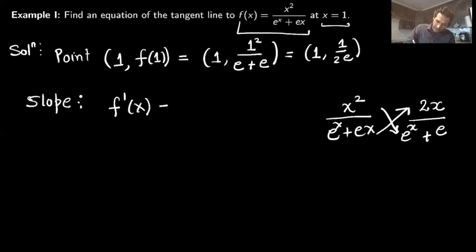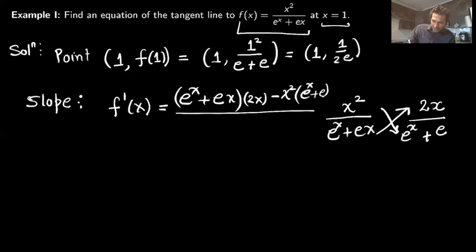So the derivative is the low function, e to the power x plus ex, multiplied by the derivative of the high function, 2x, minus the high function, x squared, times the derivative of the low function, e to the power x plus e. And the whole thing is divided by low squared, which is (e to the power x plus ex) squared.